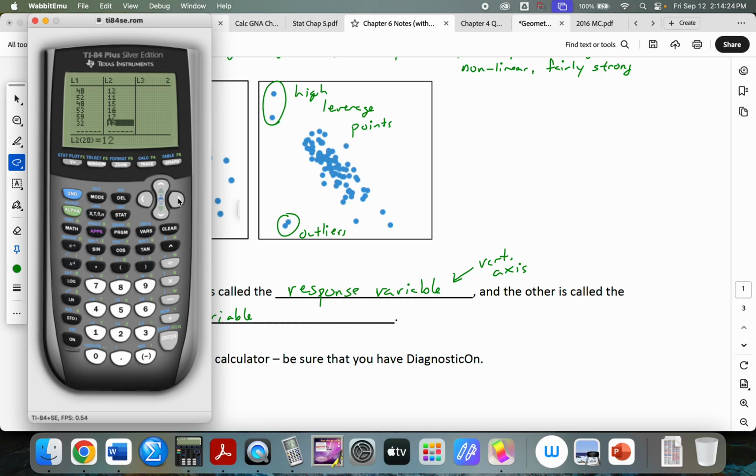Okay. So if you go into statistics, calculate, you now do it with 2 variable stats instead of a single variable. And you tell it to calculate, and it gives you all this different information. It gives you the average X value and all this information about X, and it tells you how many there are. It gives you the average Y value, tells you the standard deviation for Y. It also gives you the mins and the maxes. It gives you all this different stuff.